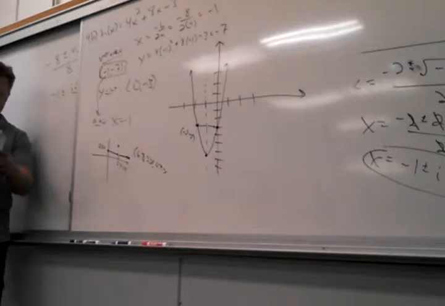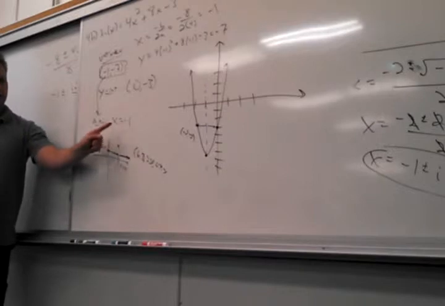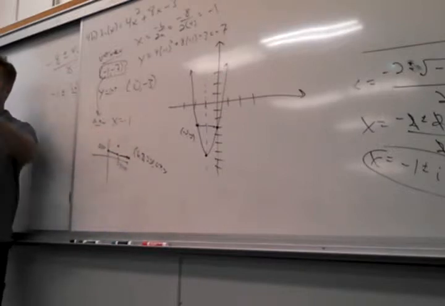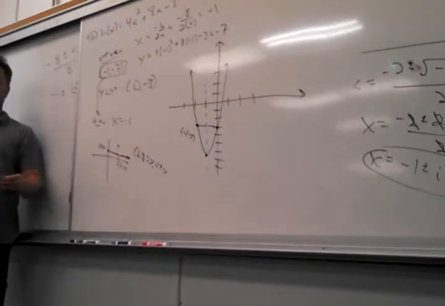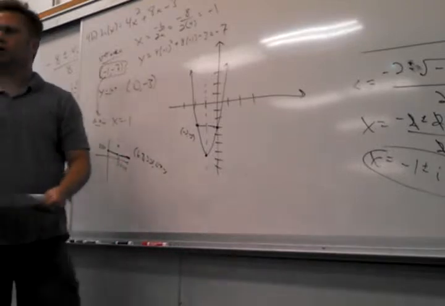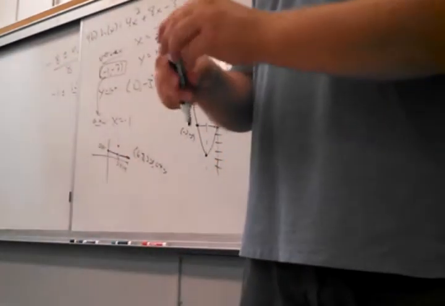Or you can actually get another point just by plugging something into the function and getting an output, like you would for a table. But make sure it's on the other side, because you want to see another point over there so you can see how it turns on that side. So by symmetry is the best way to go, or you can just plug something in and get a point that way. There's nothing wrong with that.